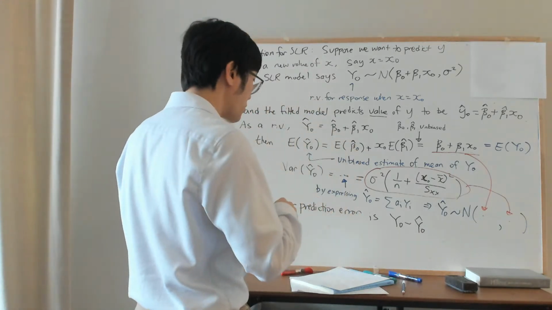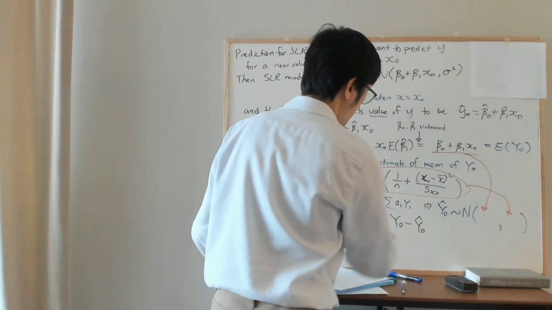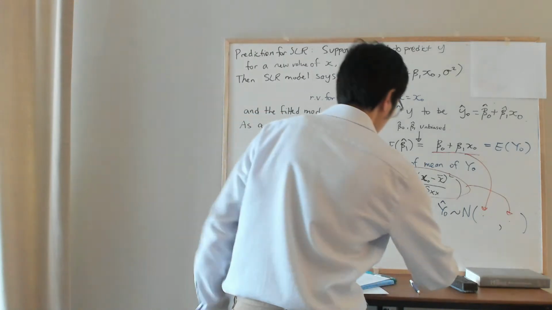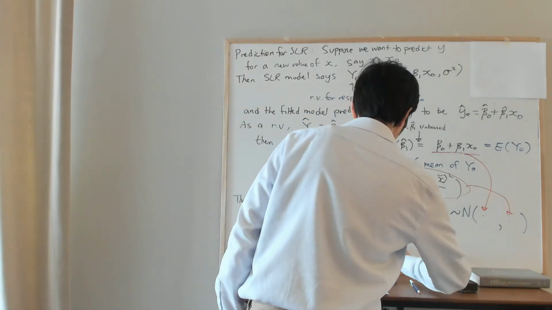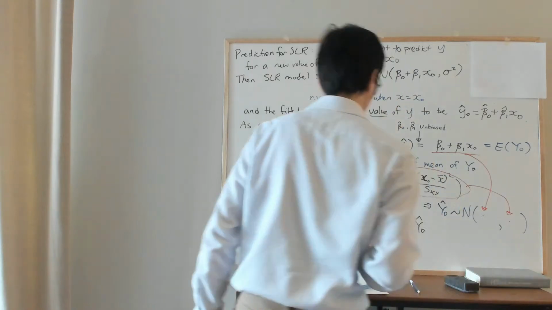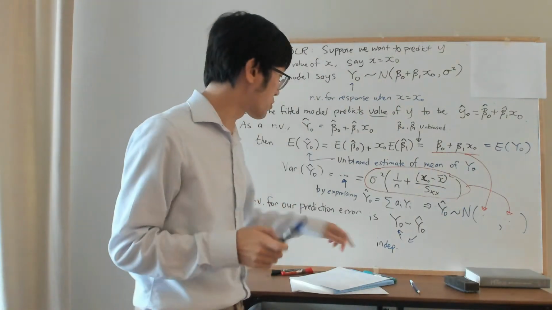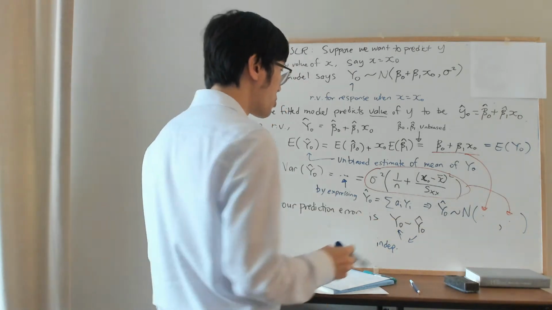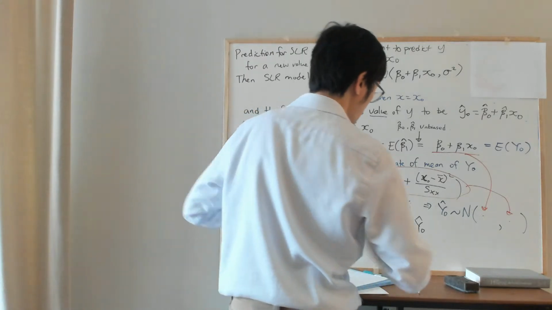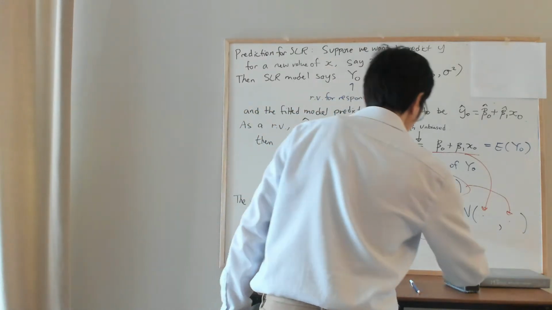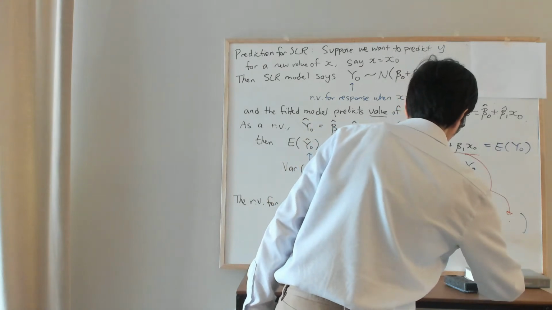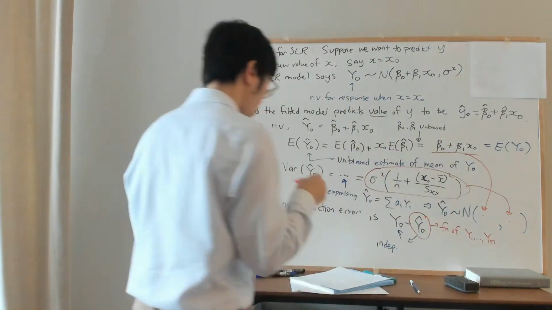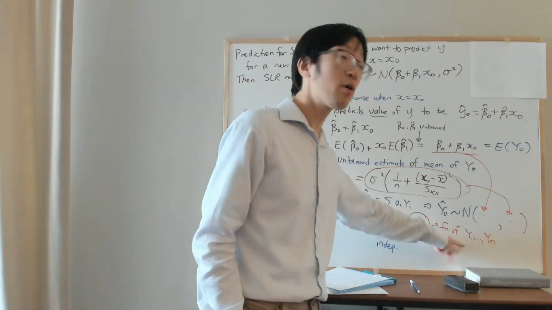What I need to point out here is that these two are actually independent random variables. Why is that? This will help when we try to calculate its variance. They're independent because we need to remember that this guy, as we just explained, is a function of our data, because we're making our prediction on the basis of the model that we fitted to the data.